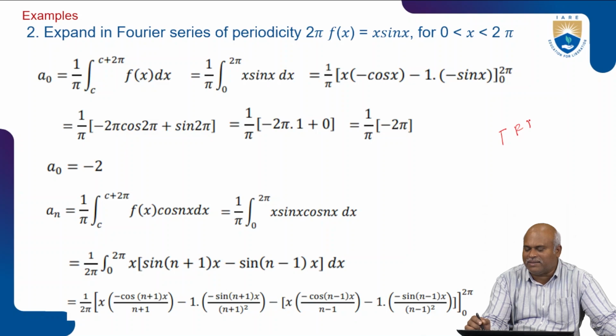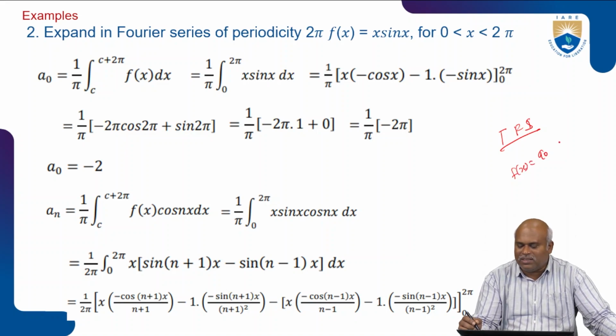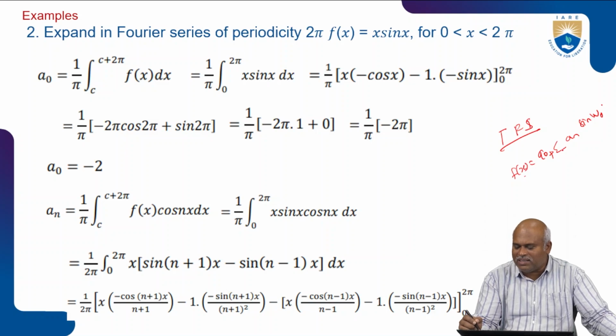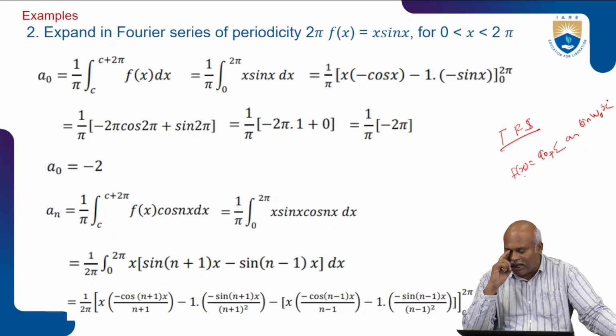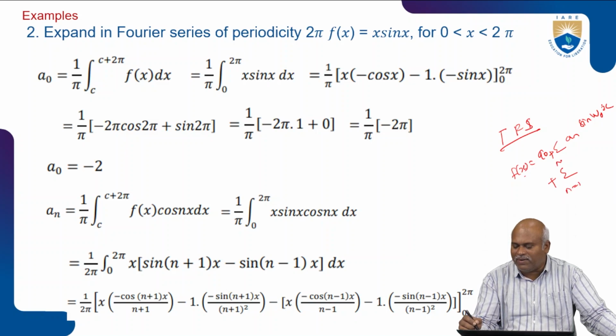So the trigonometric Fourier series f of x, I should write as a0 plus the summation of a of n sin omega 0 t, that's why I write x, plus the summation from n equal to 1 to infinity of b of n cos omega 0 x.